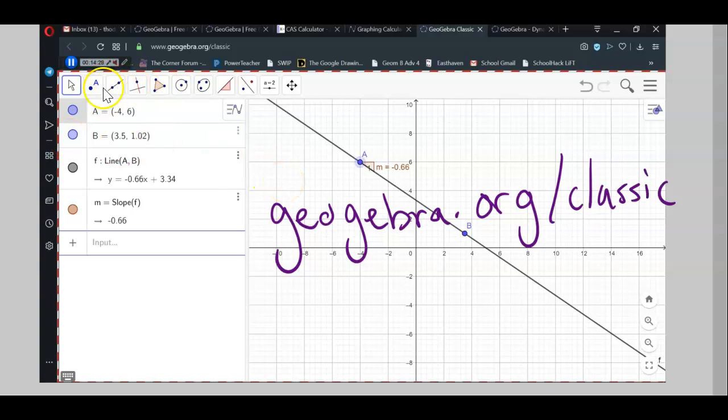And then these menus, you just click on this button, that's the point menu, and you can put two points wherever you want, or you can just type them in like I did here. Or you can just get a big screen like this up on your projector. If you have a smart board or a whiteboard, use whiteboard markers and just mark a couple of points. But it's nice to see this at geogebra.org because I can adjust it, the slope's changing, and the formula's right here, so they see all three things.